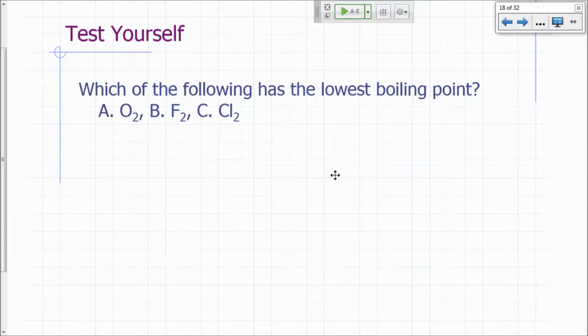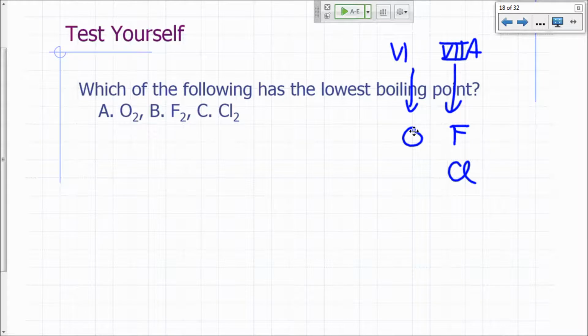All right, so let's take a look at this one. Which of the following has the lowest boiling point? O2, F2, or Cl2? Where do you find these in your periodic table? Oxygen, fluorine, and chlorine, right? Fluorine and chlorine would be in group 7A, oxygen is in group 6A, and oxygen and fluorine would be in the second row.